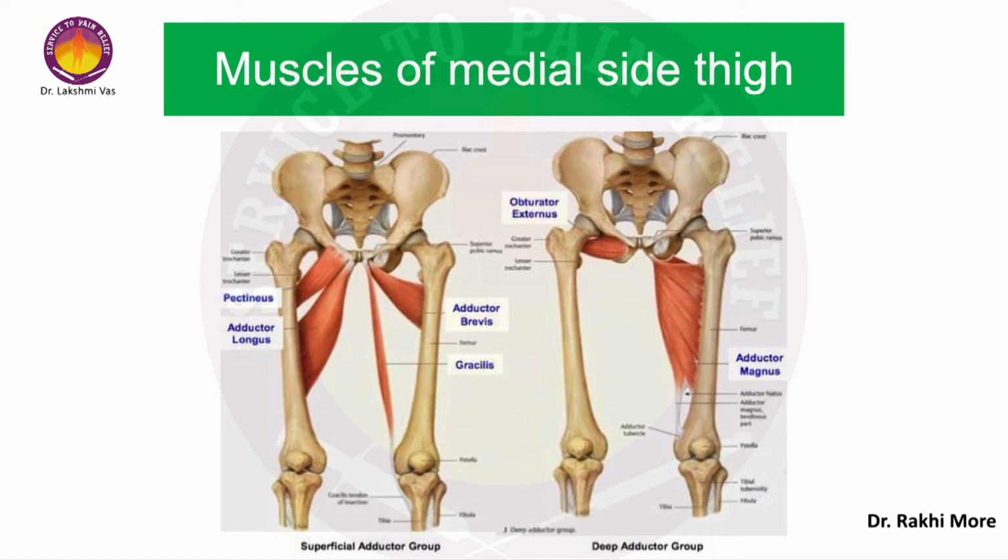Magnus is anyway involved in every single back pain. The longus and brevis may not be involved so much in back pains, but magnus is forever involved in back pains. You have to understand, these adductor muscles are the ones which maintain the stance and balance when a person is standing. They and the psoas work together.